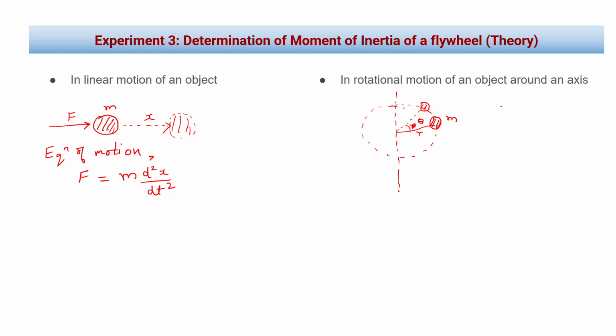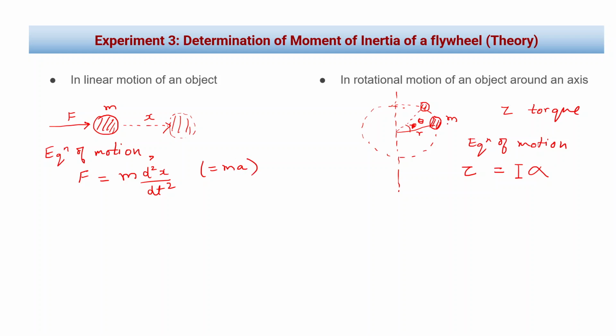That rotational force is called torque, represented by tau, and the equation of motion for this condition will be torque is given by I into, like here it was mass times acceleration, where this acceleration was linear acceleration.